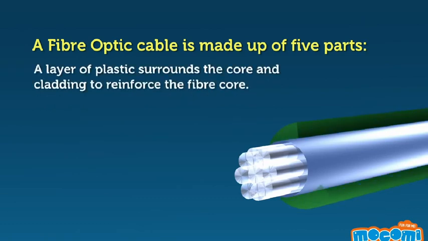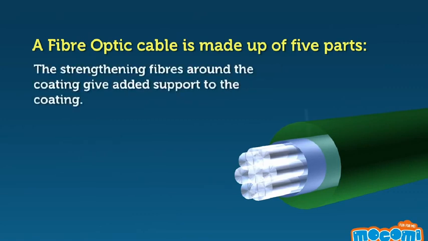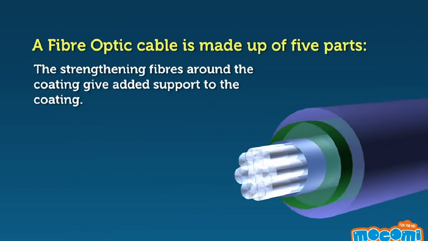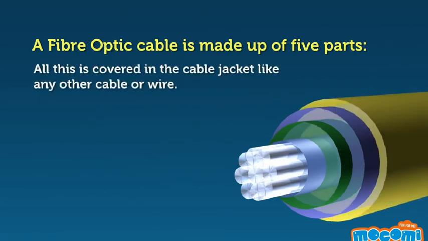A layer of plastic surrounds the core and cladding to reinforce the fiber core. The strengthening fibers around the coating give added support. All this is covered in the cable jacket like any other cable or wire.